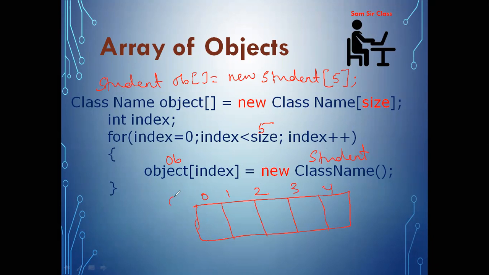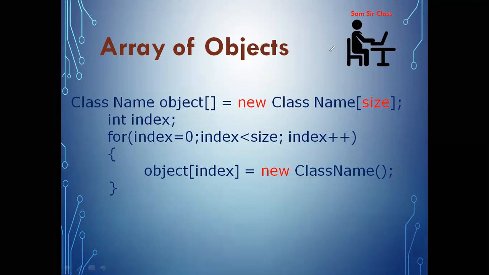OB of 0 is a single object, OB of 1 is another object, OB of 2 is a third object, OB of 3 is the fourth, and OB of 4 is the fifth object. All 5 objects need memory dynamically. So for that I have to write this statement so that every individual object will get memory, and all the variables or properties declared inside the class will get memory separately inside every object. Clear? Then only you can write the program.